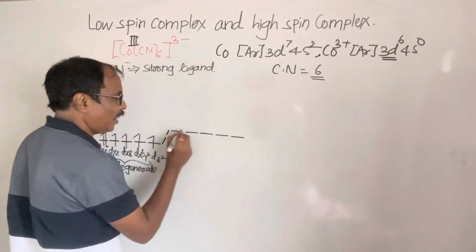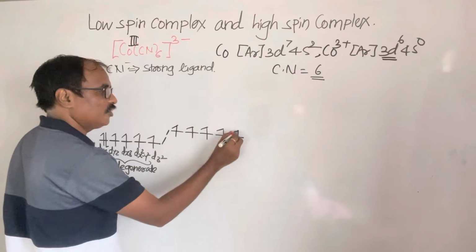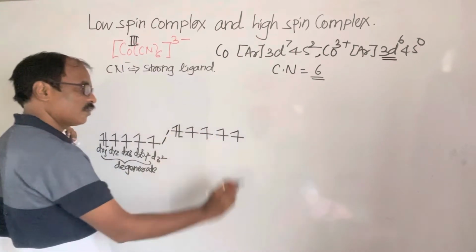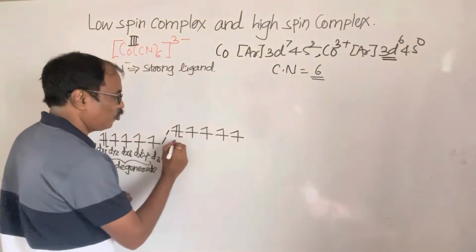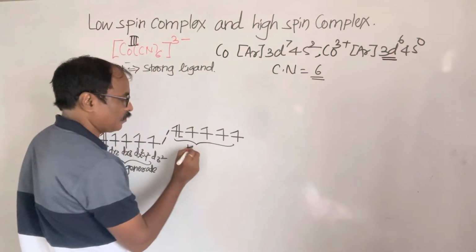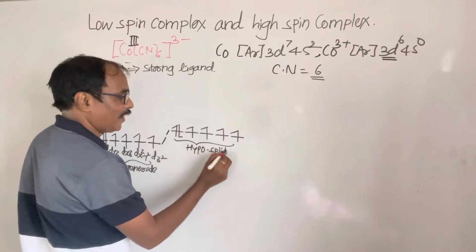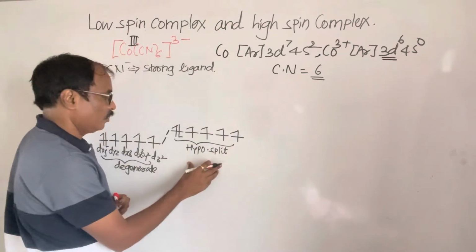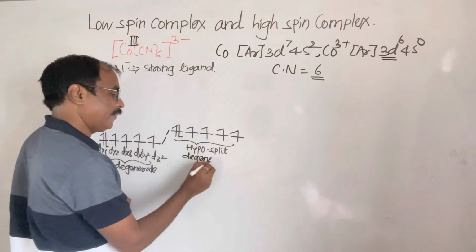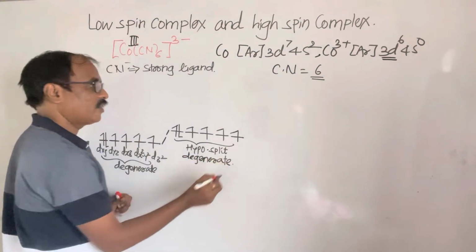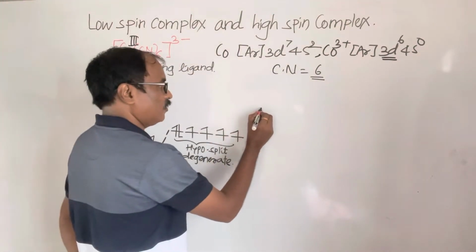This is said to be a hypothetical split, but the degeneracy remains the same. Its degeneracy is not disturbed. Actual splitting does not happen here. So again all these are degenerate.